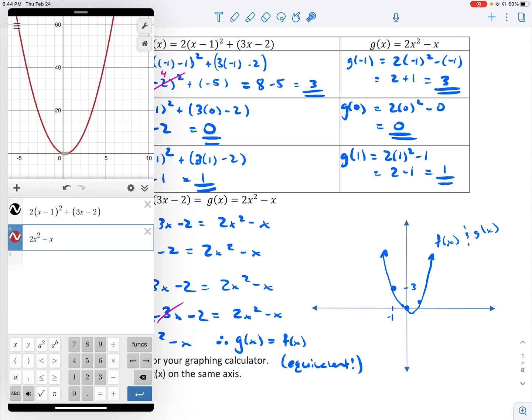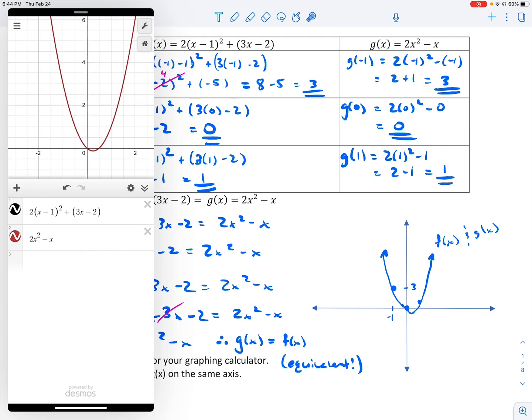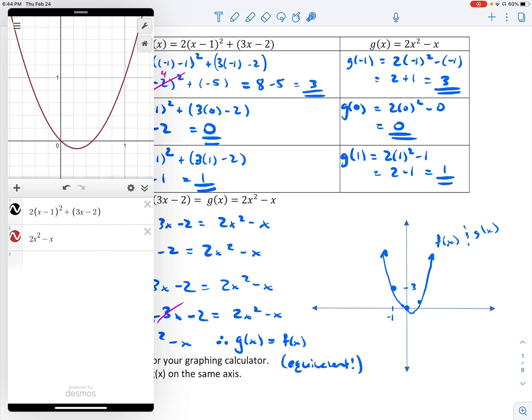All right, so you notice I have both of them graphed. You can only see the red curve, but if I turn it off, you can see the black one is right behind it. They're right on top of each other. And if I zoom in a bit more, you can see what I meant, how the vertex wasn't at the origin. So yeah, those are completely identical.